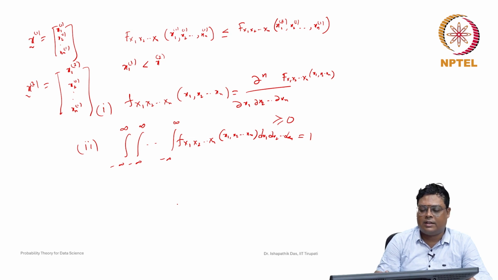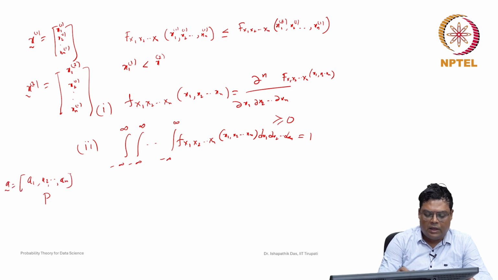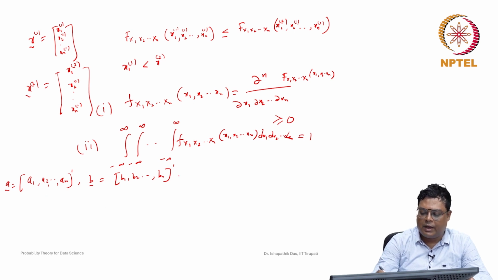These are all extensions of similar properties. For example, suppose you have two points, A equal to (A1, A2, ..., An) transposed, which is a column vector, and B equal to (B1, B2, ..., Bn), with ai less than or equal to bi for i equal to 1 to n.